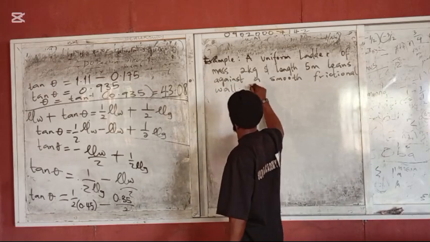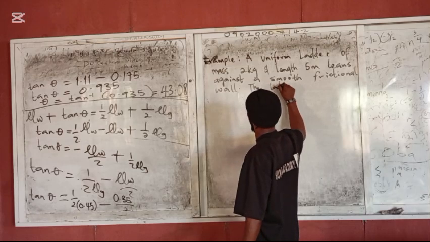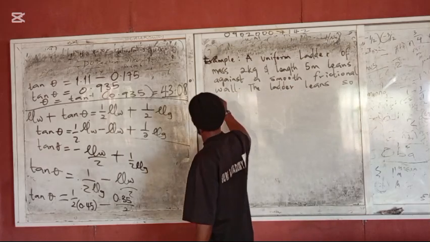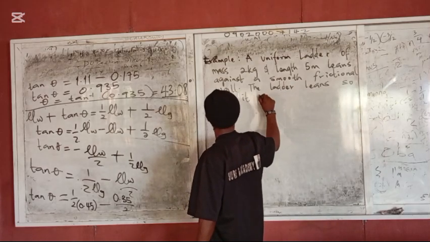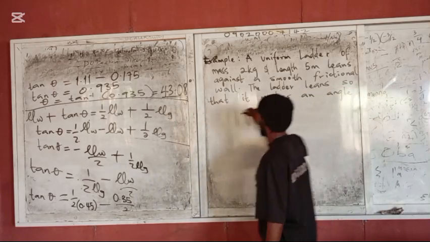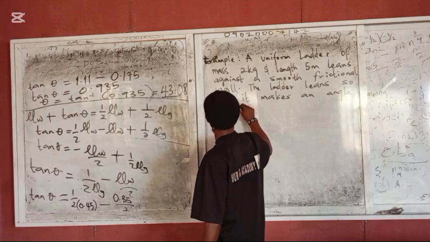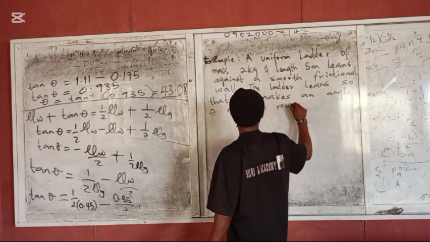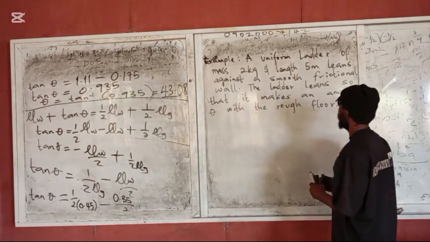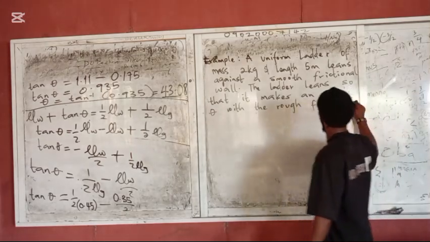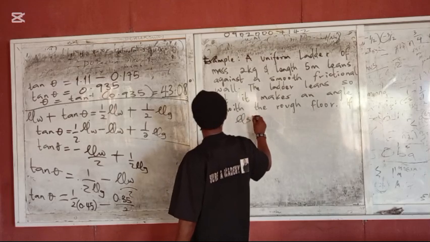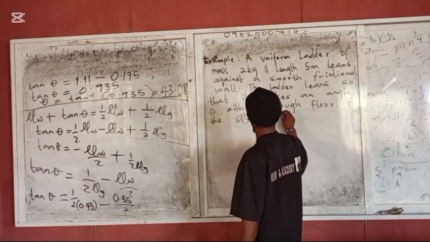The ladder leans so that it makes an angle theta with the rough floor. The coefficient of static friction is 0.85.